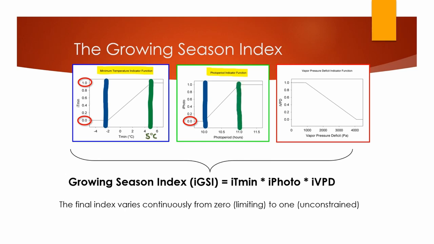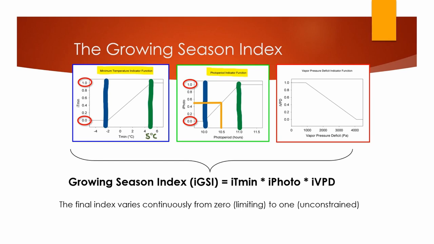And if you're in between 10 and 11, you get some proportion of value between 0 and 1. So 0.5 is halfway. So in this case, if you are at a photoperiod of 10 and a half hours, you'd get an indicator function value of 0.5. So we'll save that for an example in a minute.